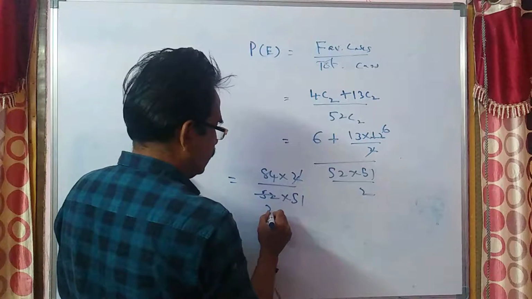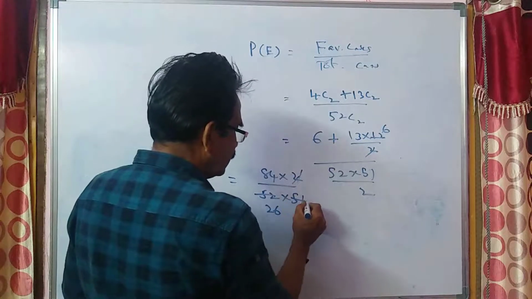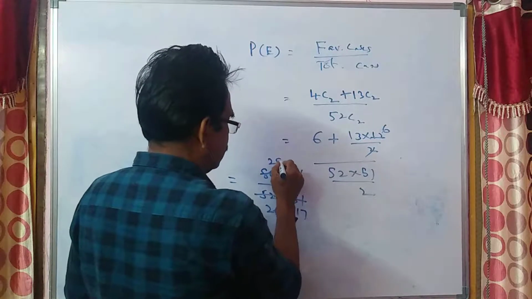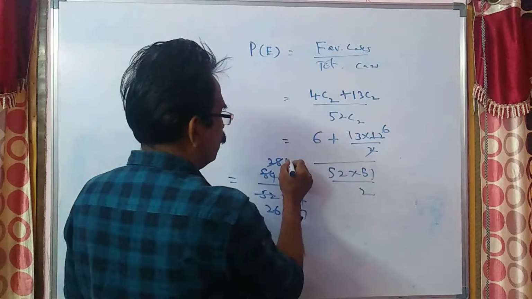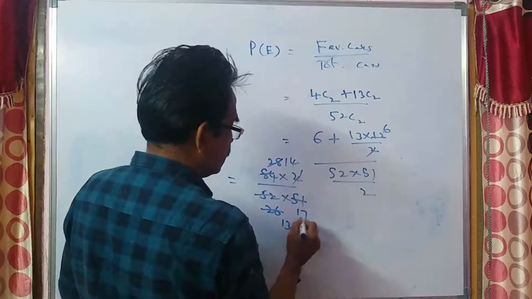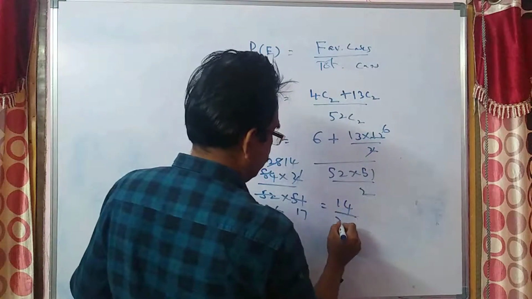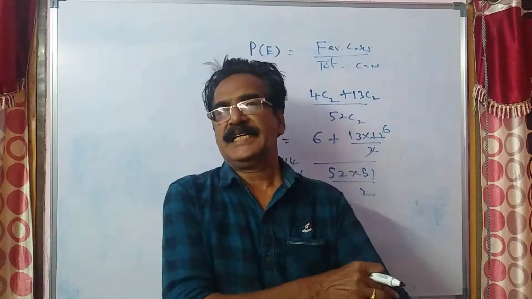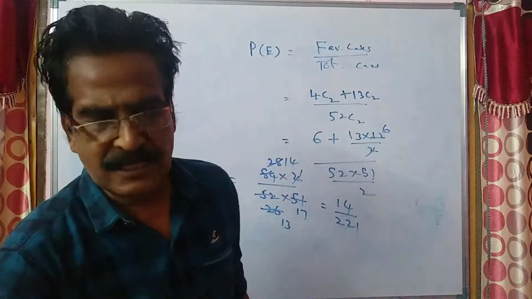Cancelling, we get 14 by 221. 14 by 221 is the probability for the second question.